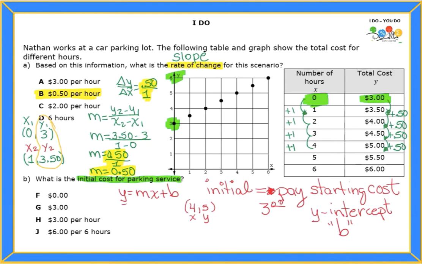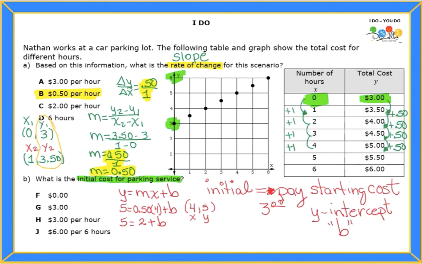So y is 5. m, I found it earlier, was 0.50. And x is 4. I'm just working it out to confirm that 3 is the initial cost. So let's finish it up. What's 0.50 times 4? 2, right?